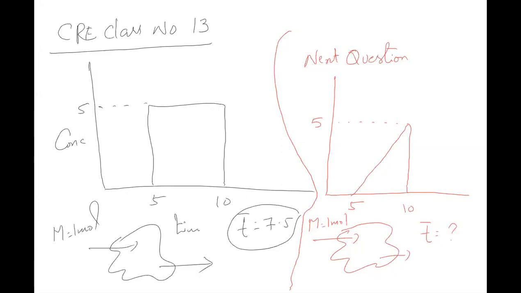Can you solve T bar now? If you were not there yesterday, you have to go through yesterday's lecture and understand, then only you can solve this question. These videos will be there for 3 days.